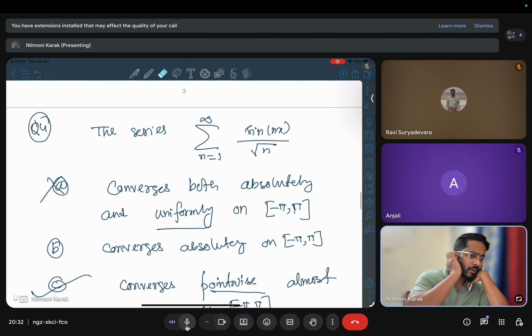So sin nx takes the value 0, so that's why it is problematic, right? So to find a lower bound. Ravi, any idea?